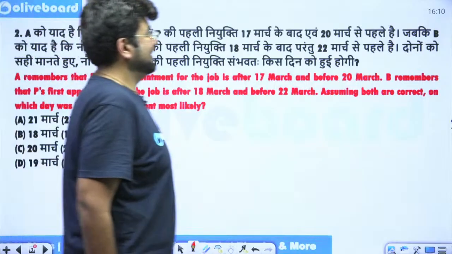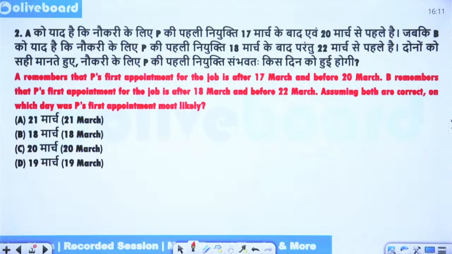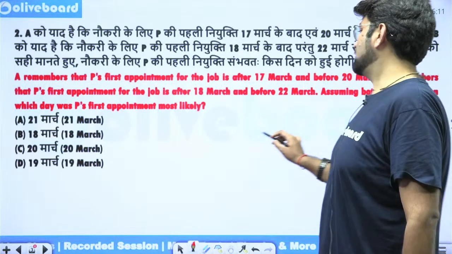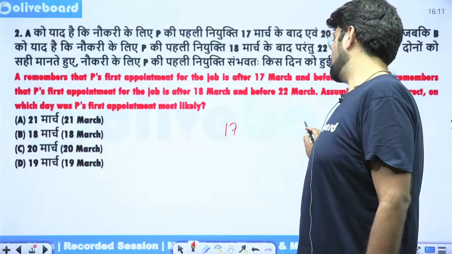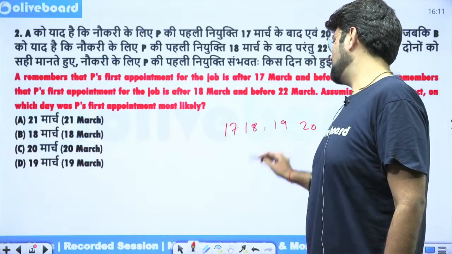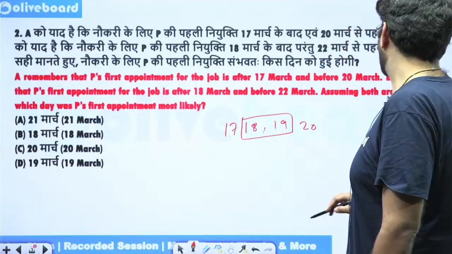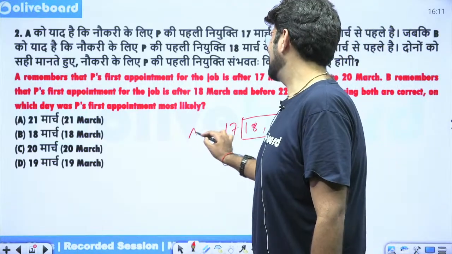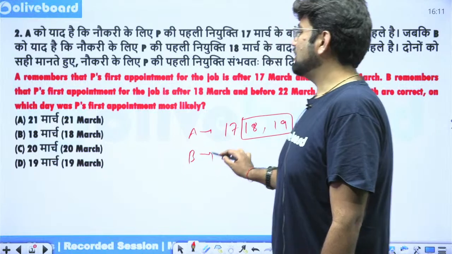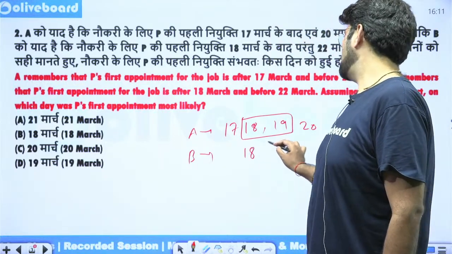Now see, A remembers that P's first appointment for the job is after 17th March and before 20th March. After 17th, before 20th. What are the possible options? 18th and 19th. B remembers that P's first appointment for the job is after 18th March and before 22nd March.